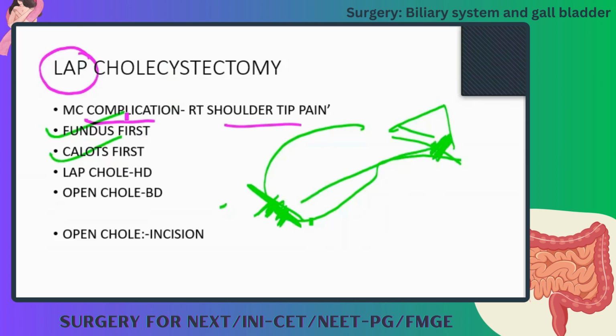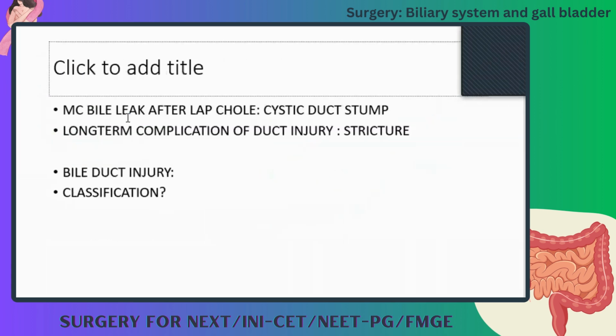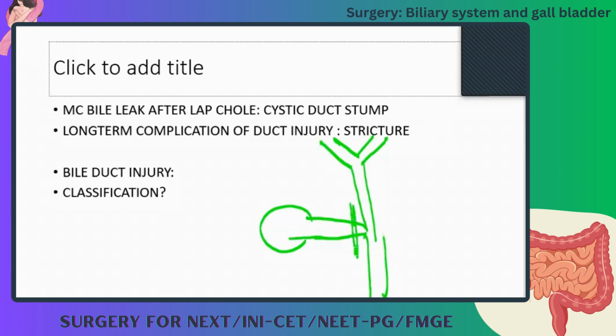Clear? Yes, sir. And what is the most common bile leak after lap chole? See what happens is, you have removed the gallbladder from here, this part is not there now, so it looks something like this.